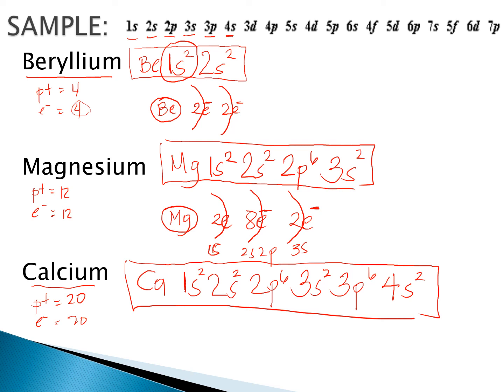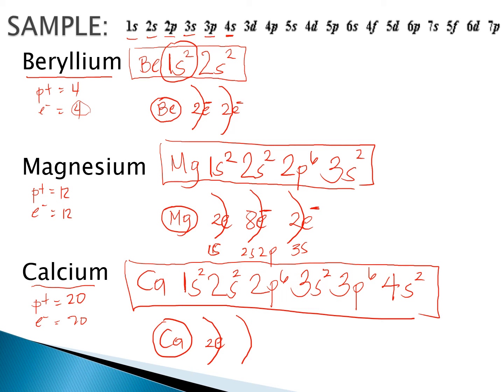So let's draw its half shell diagram. This represents the calcium nucleus. The first energy level is 1s2. So there are 2 electrons. Next, second energy level. We have 2s2 and 2p6.